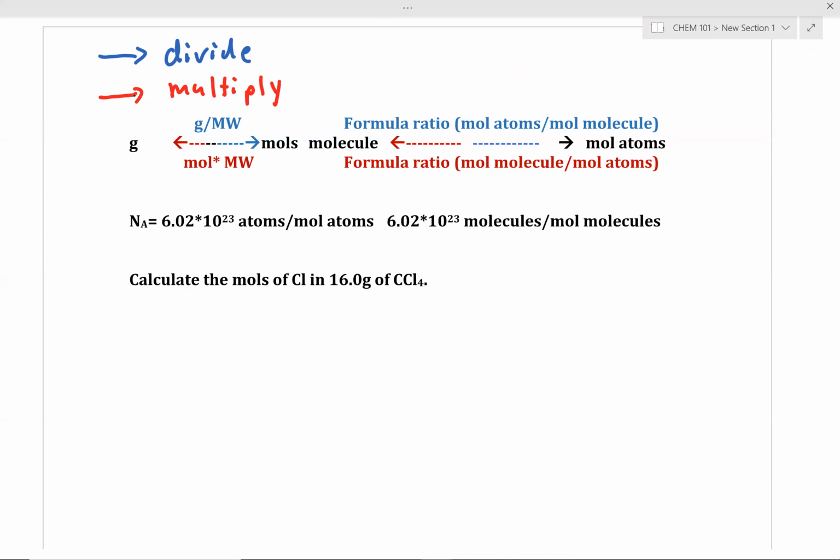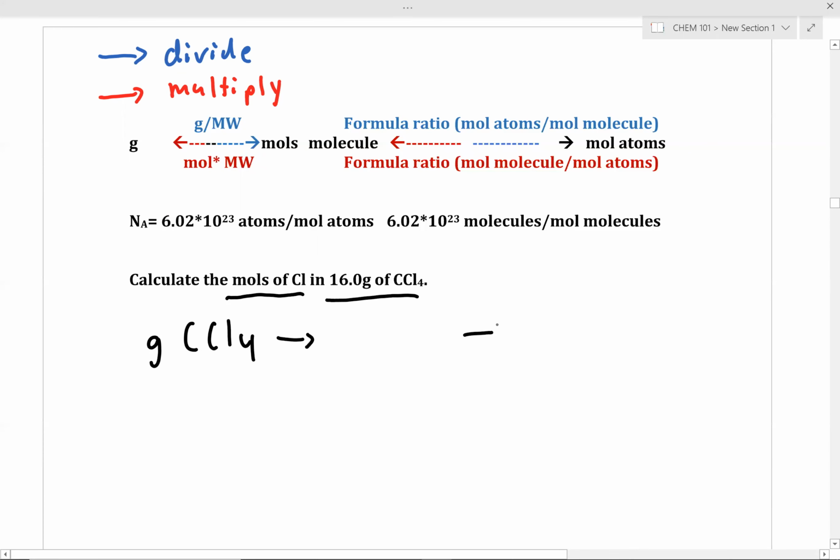So let's utilize this problem-solving diagram to solve the following. We're asked to determine the moles of chlorine in 16.0 grams of carbon tetrachloride. Okay? So we are starting off with grams of carbon tetrachloride, and we want to report the moles of chlorine atoms.